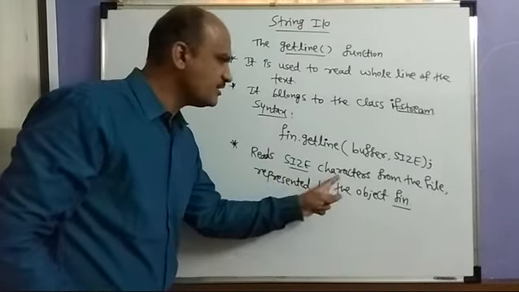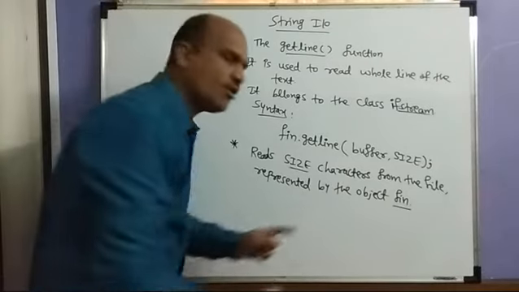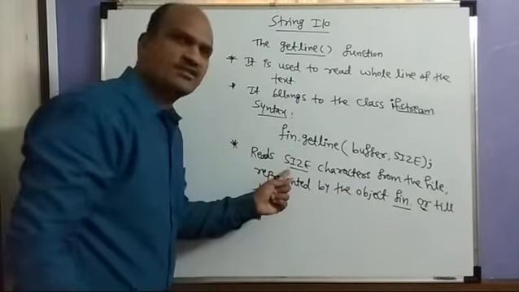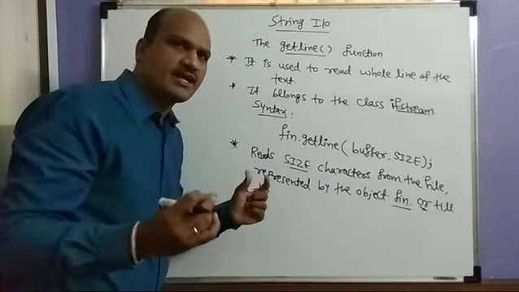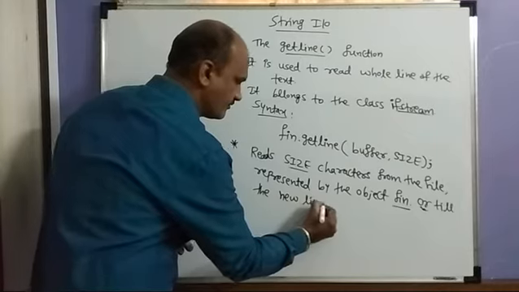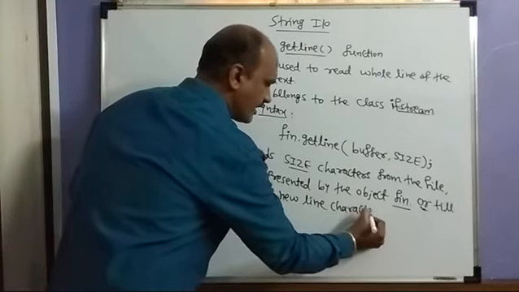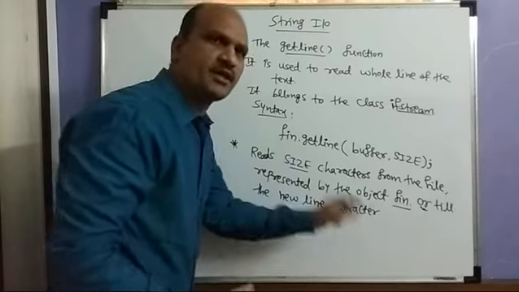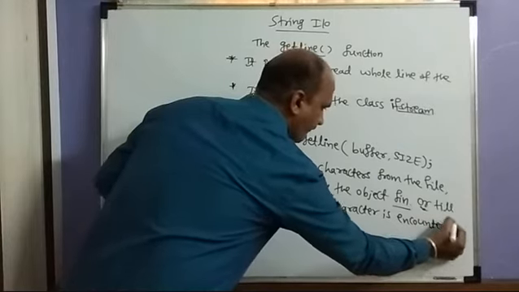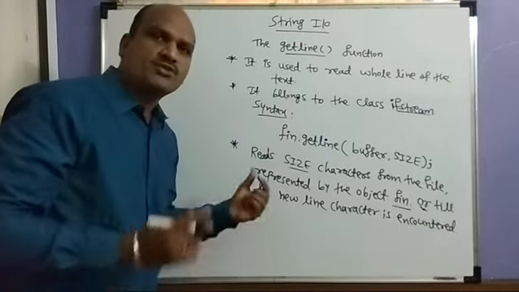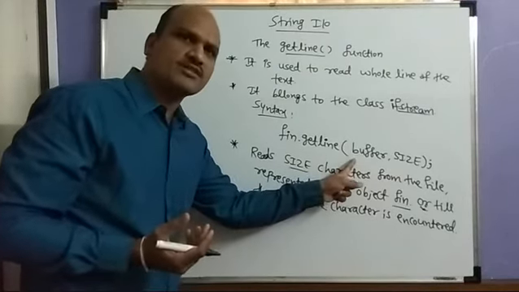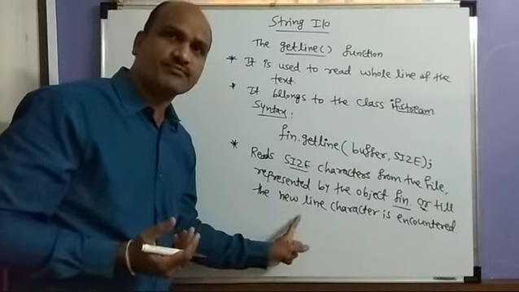Either it reads from the file represented by fin, or, as the size is given, till the new line character is encountered, whichever comes into the buffer first.